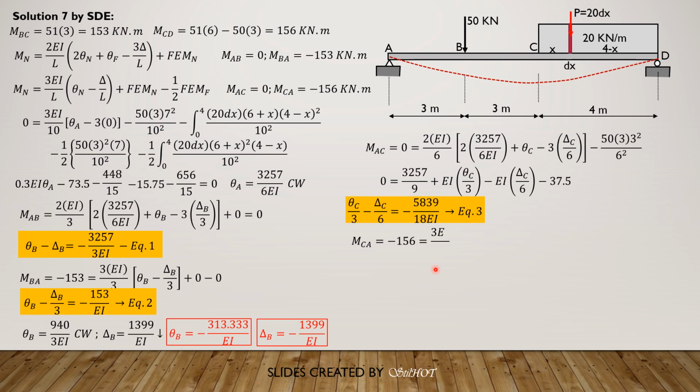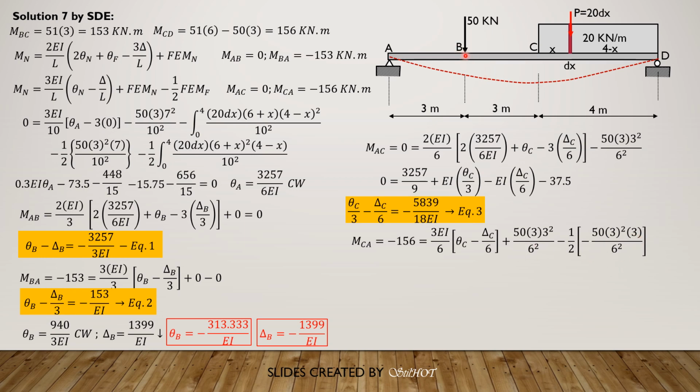Then moment CA, because moment at A is 0, so we use this other formula, 3EI over 6, quantity theta C minus delta C over 6. Then plus, it is positive, 50 times 3 square over 6 minus 1/2 of negative, since far end is left, so negative 50 times 3 square over 6 square.